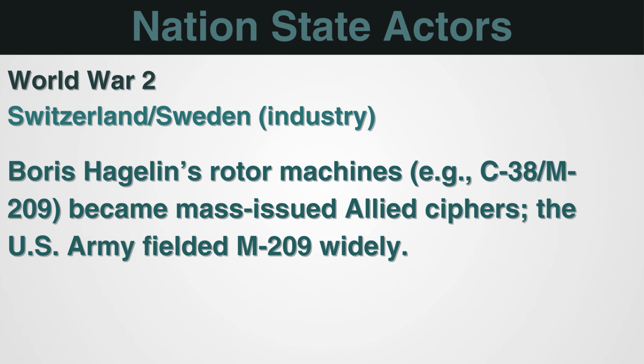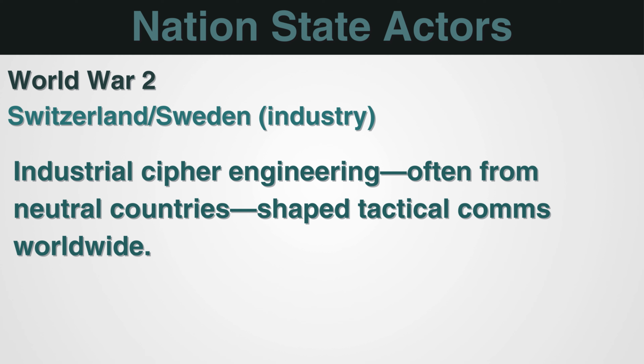Switzerland and Sweden for industry: Boris Hagelin's rotor machines like C-38 and M-209 became mass-issued Allied ciphers. The U.S. Army fielded M-209 widely, and industrial cipher engineering, often from neutral countries, shaped tactical comms worldwide.